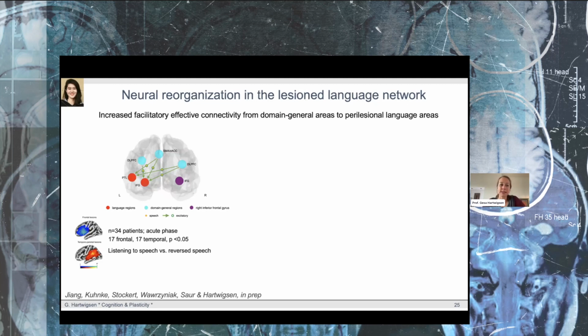And what we see here is increased facilitatory effective connectivity from the domain general areas, so the midline structures and right and left DLPFC, to perilesional language areas, so those areas in the temporal and inferior frontal cortex that were still undamaged. So it seems that already very early on, we not only see increased task-related activity, but also connectivity from the domain general network to the language network.